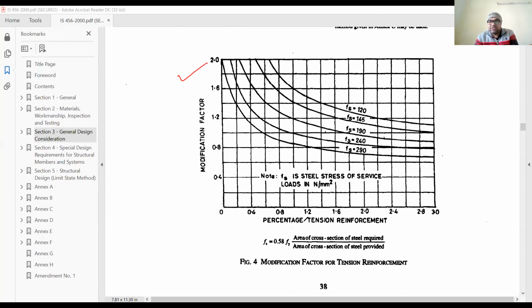In this figure, you can see this is the percentage tension reinforcement, this is the modification factor, and this is the value of Fs. So first we will calculate the Fs value by putting it in the formula, and then depending on the curve, we will find out the value of the modification factor. So first we will go to the slide, and there we will calculate the value of Fs, and then the value of the modification factor.